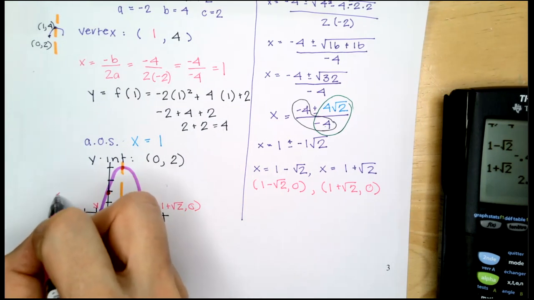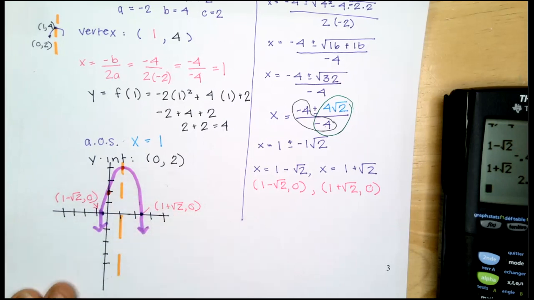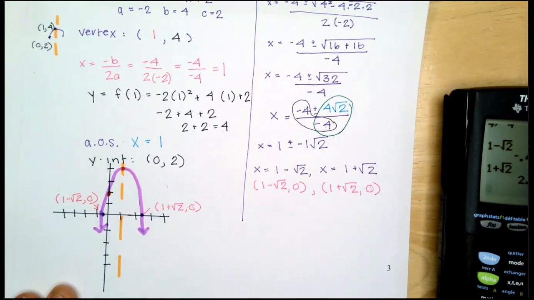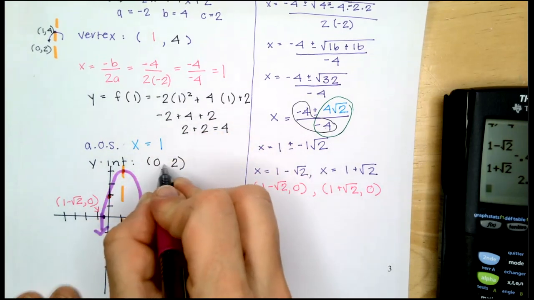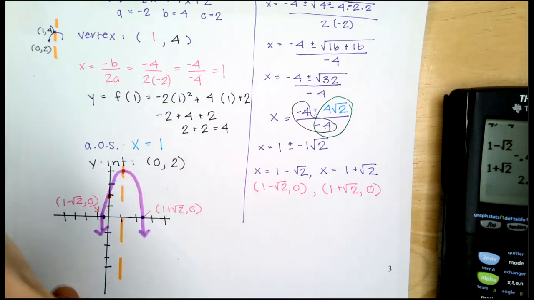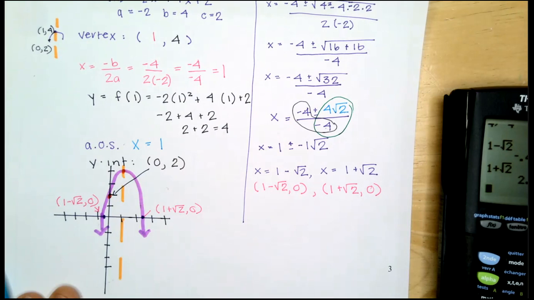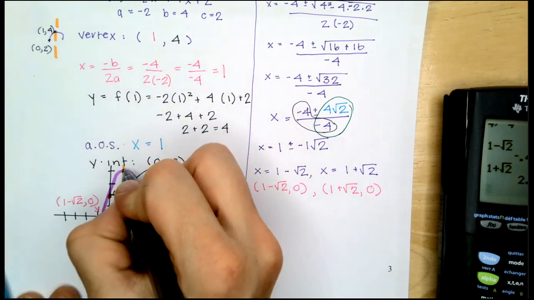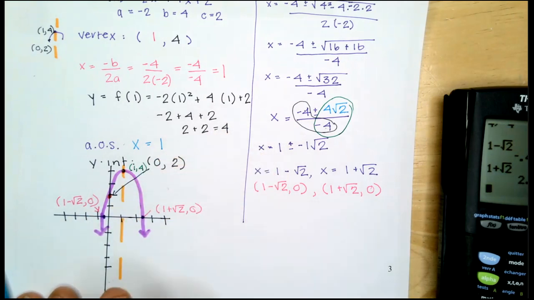This is the point 1 minus the square root of 2, 0. Good. This is the point. We know that that's the point 0, 2. And then this is the point 1, 4. Okay, so we know all of that.